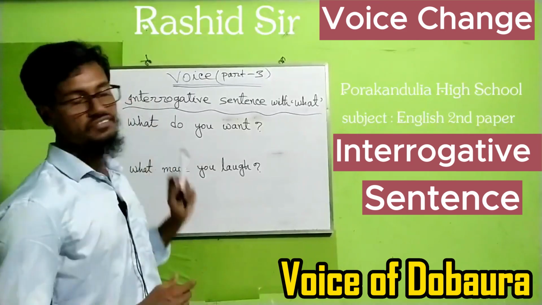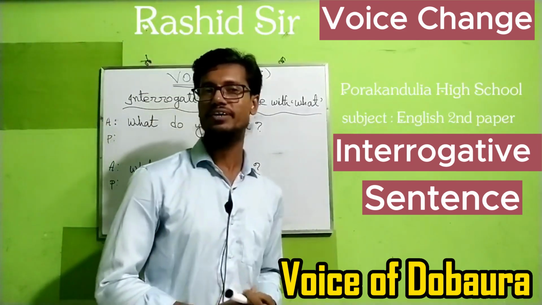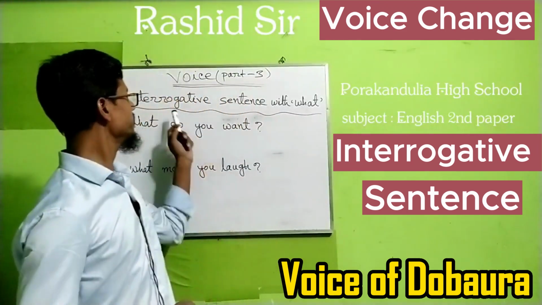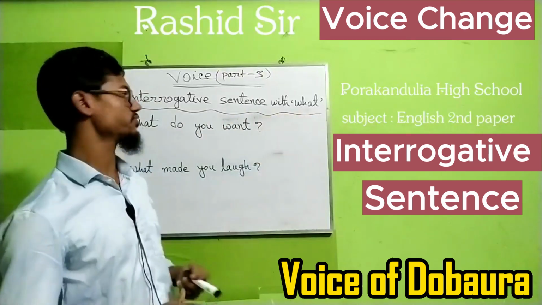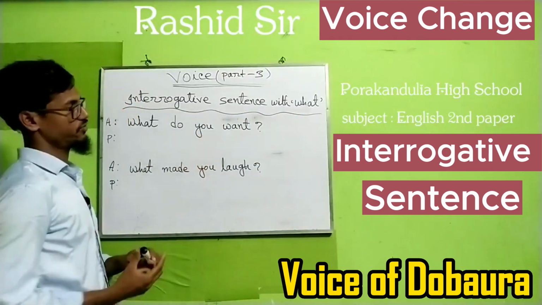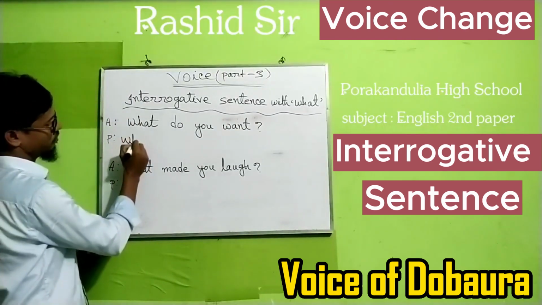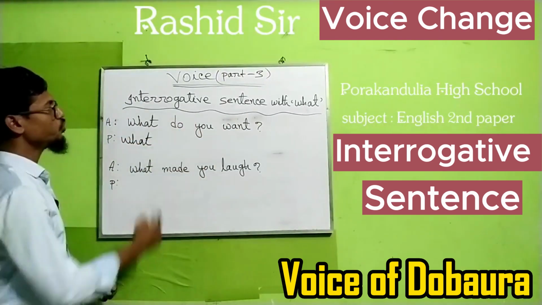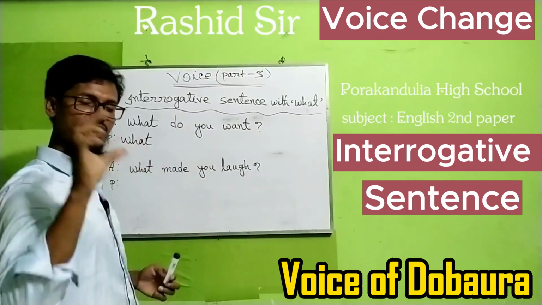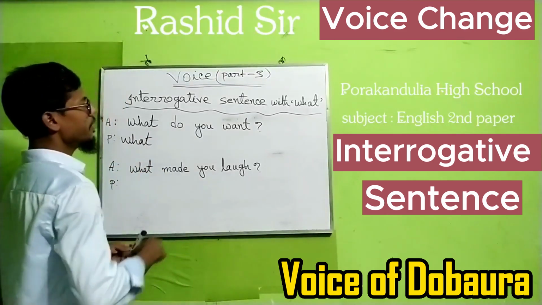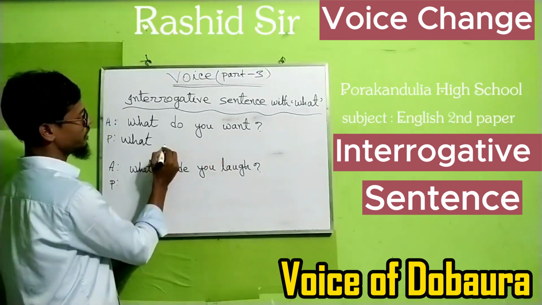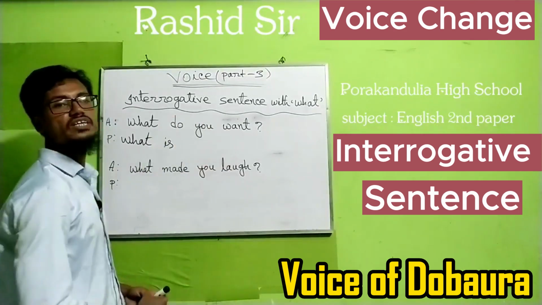Now let's see the voice change of interrogative sentence with what. What do you want? No change of what. It will remain unchanged. Present indefinite tense, that's why auxiliary verb will be used is.